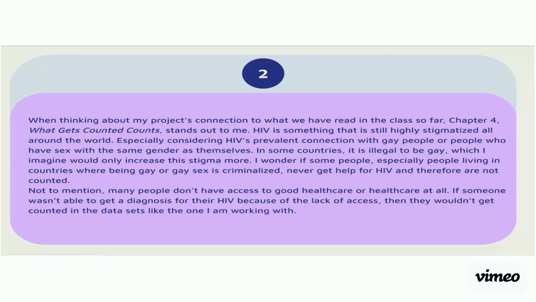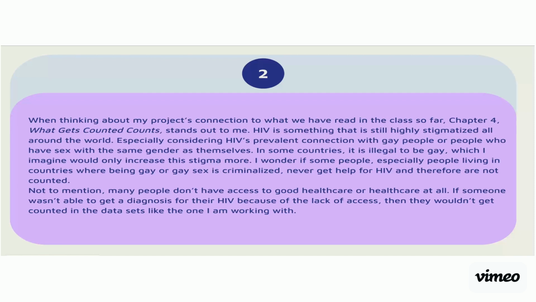Because if they're sending out a survey asking about sexual orientation, asking if you have HIV, in a country where homosexuality is illegal or criminalized, people aren't necessarily just going to give that information away to their government or whoever's doing the survey. So how does that affect what data is collected?